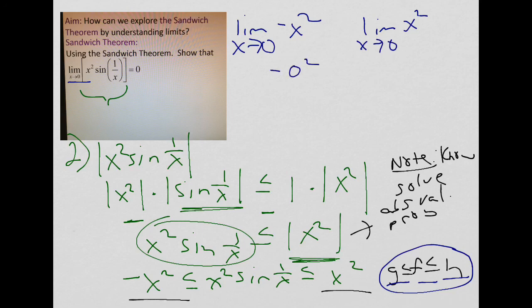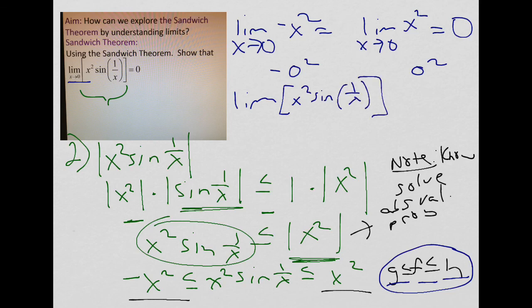It is 0. So that means that the limit of our function, x squared sine of 1 over x, as x approaches 0, does equal 0.